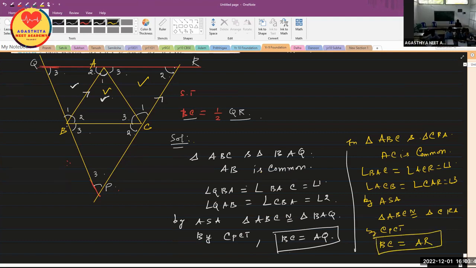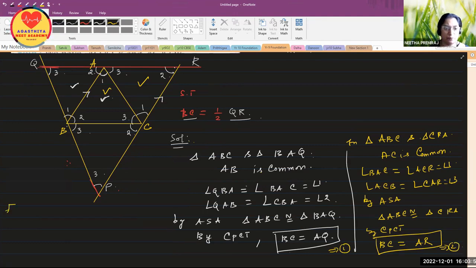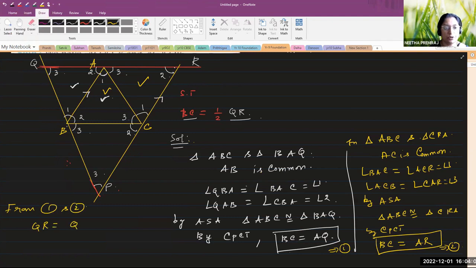Okay. Now I name this as 1 and this as 2. From 1 and 2, QR is equal to QA plus AR. So QA is also BC and AR also BC.